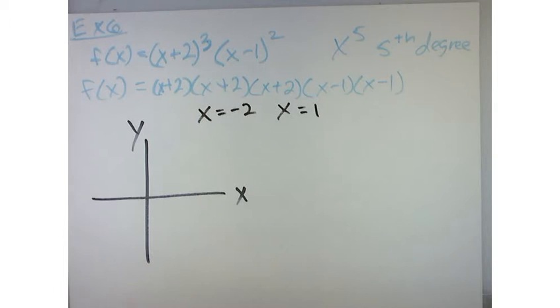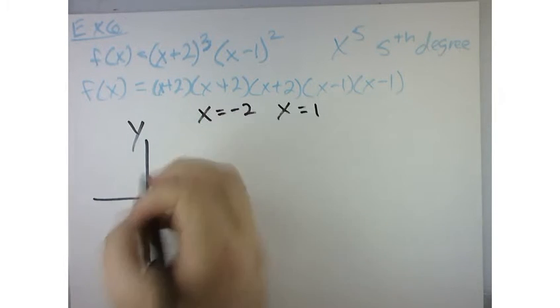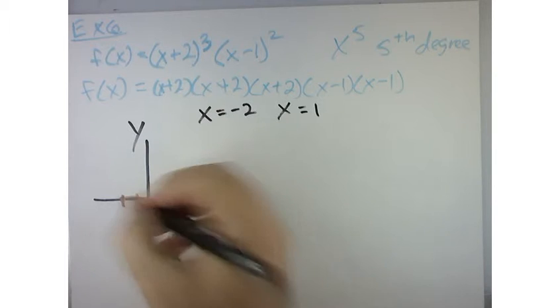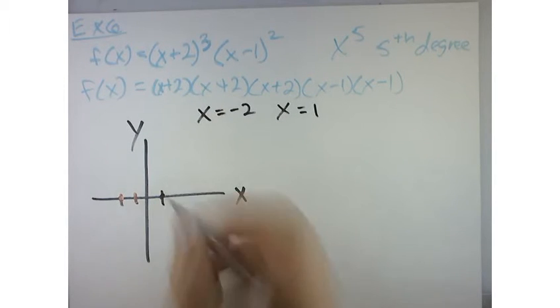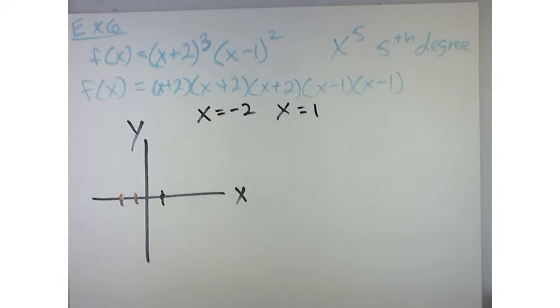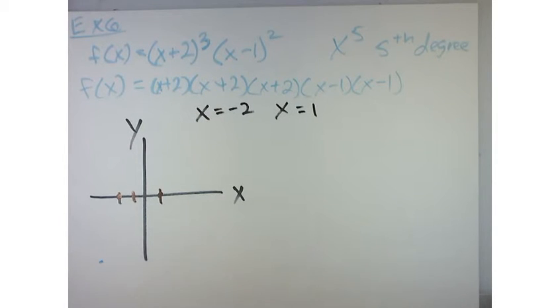Okay. So that means that at negative 2, so if I come over here at negative 2, I'm going to have an x-intercept there, and I'm going to have an x-intercept here at 1. Now because it's an odd degree polynomial, that means that this graph is going to come in down here and go out the top.